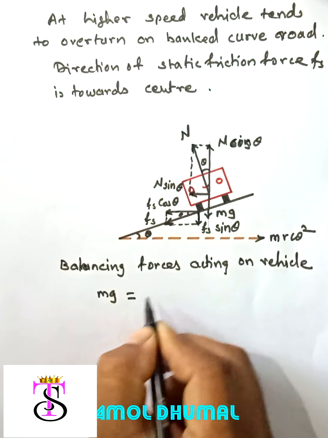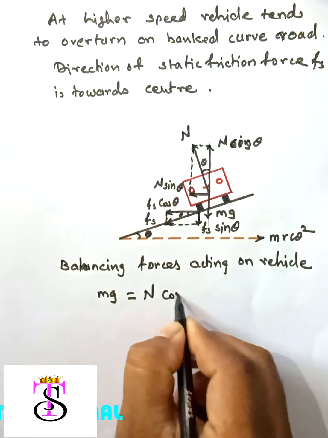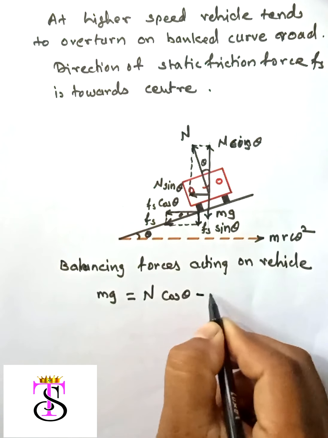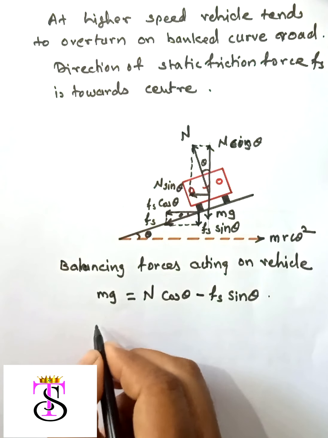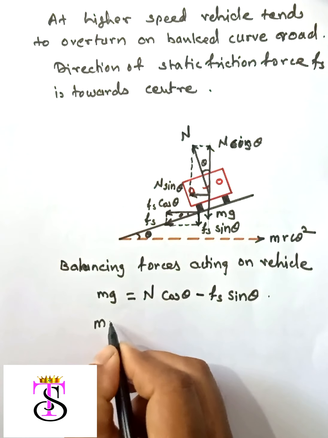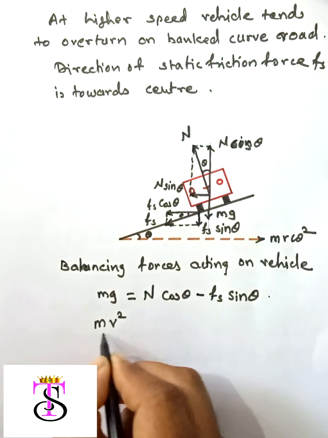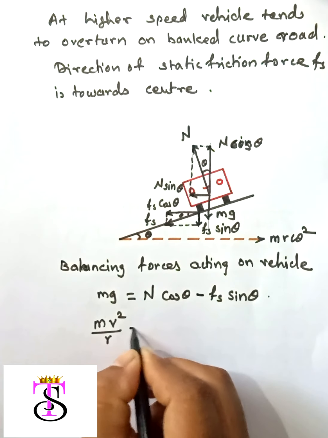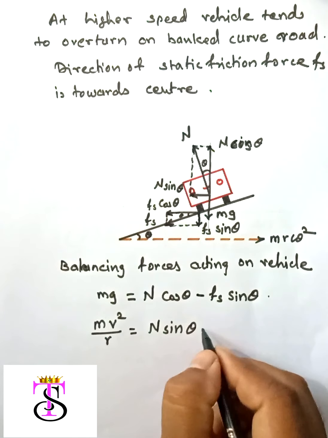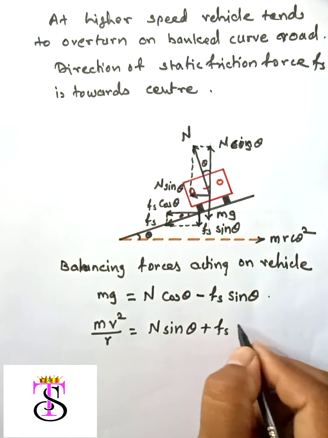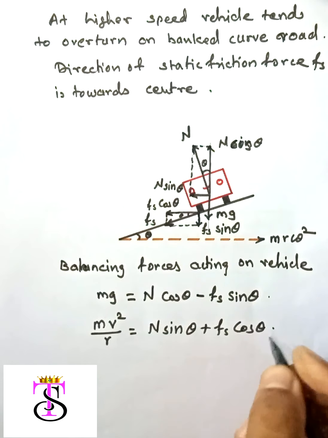Mg is equal to n cos theta minus Fs sin theta, and the centrifugal force m r omega square or mv square by r is equal to n sin theta plus Fs cos theta.